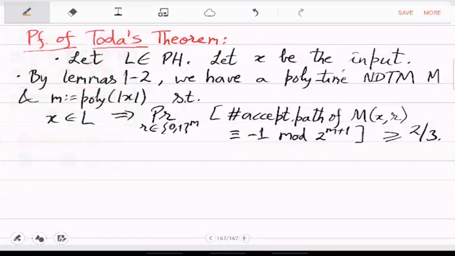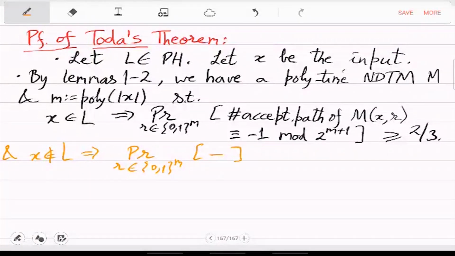On the other hand, if x is a no string, then the probability over these r's is less than 1/3.